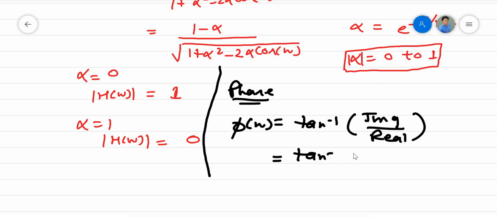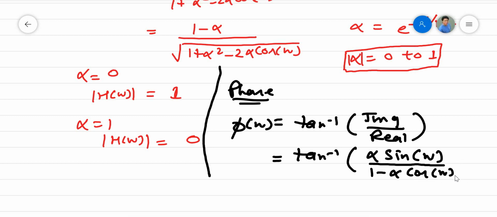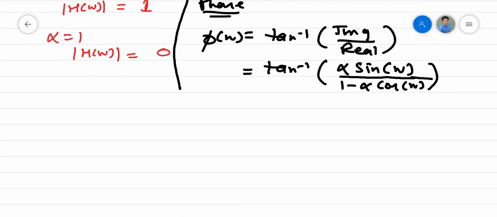So the only part which will remain is tan inverse. From the imaginary part it is alpha sine of omega, and from the real part it is 1 minus alpha cos of omega, right? So this is our phase of the filter.